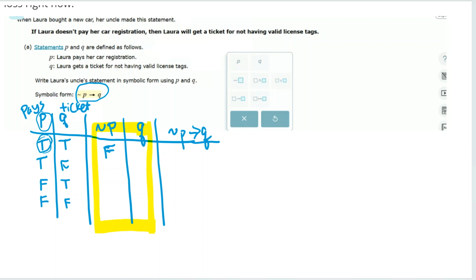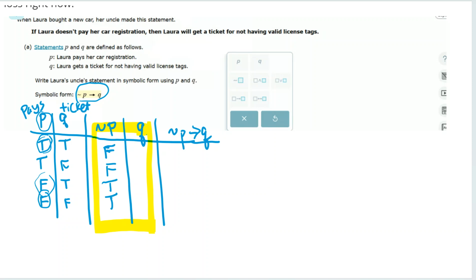We say that yes, she paid her ticket, so saying that she didn't pay her ticket would be a lie. And then the same here. If she didn't pay her ticket, then not paying her ticket would be true. And the same for the last row.